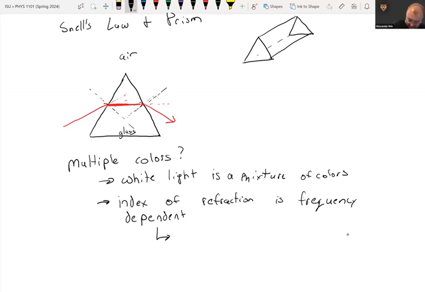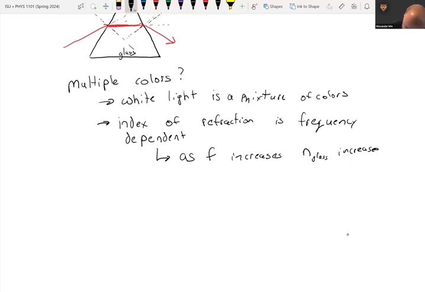So what this means is as f increases, n increases, n sub glass increases. Okay. And this is actually really fundamental to why this works. Okay. So I want to show this.